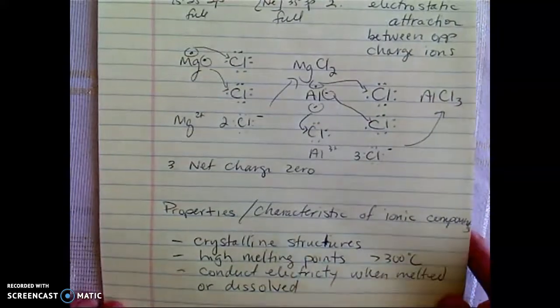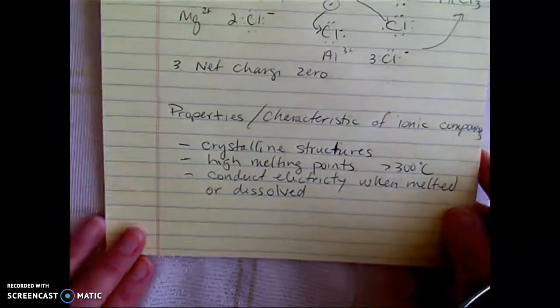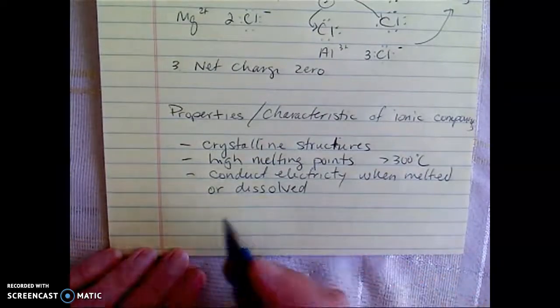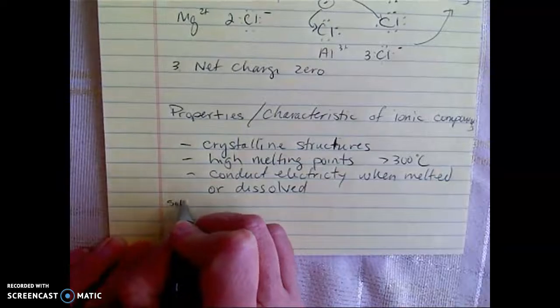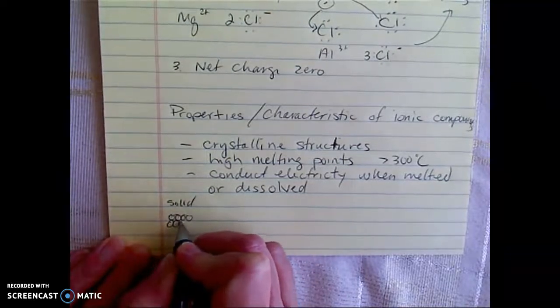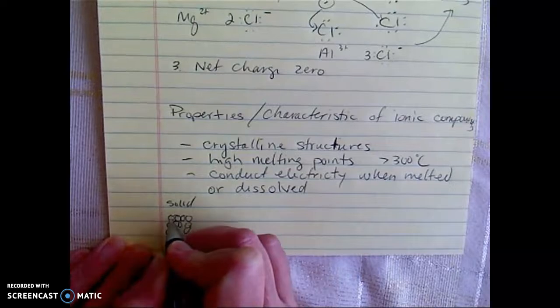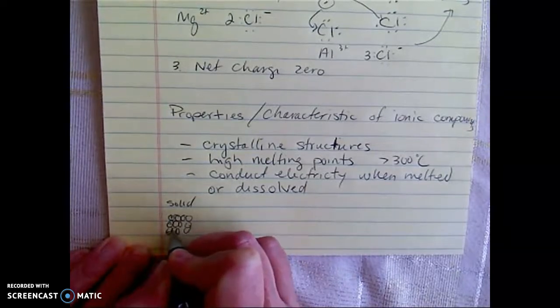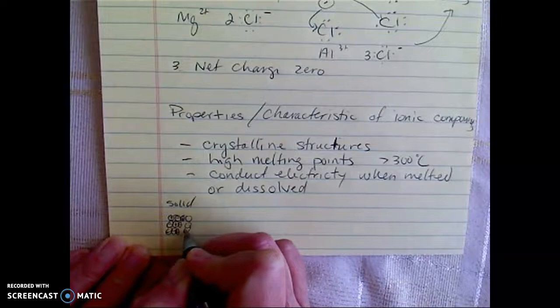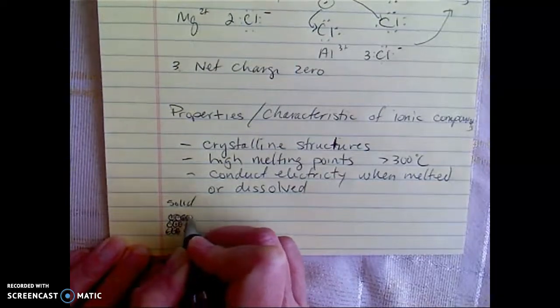Now, one last thing, for if you were to get the 10th point on the quiz, explain the electrical conductivity. Again, if we were to look at a solid, your solid would be a crystal structure like this. You'd have plus, minus, plus, minus, plus, minus, opposite charges lining up, because opposites attract.